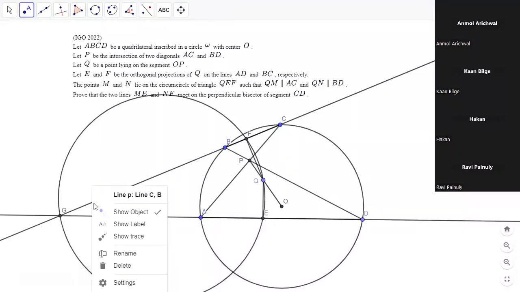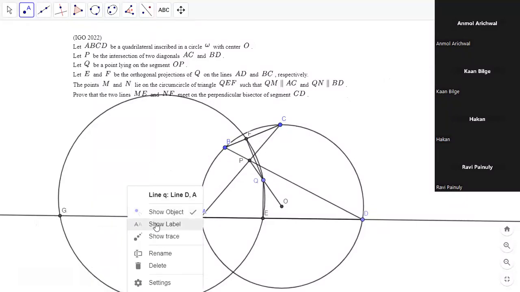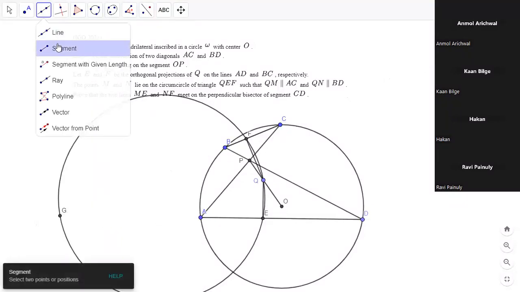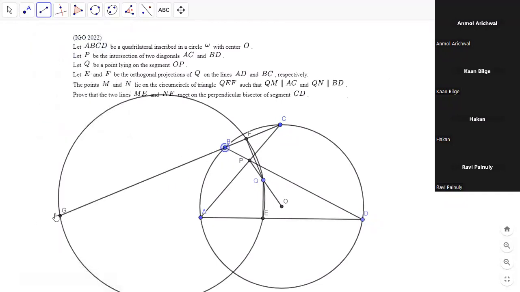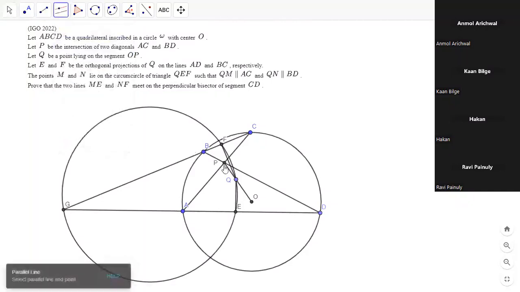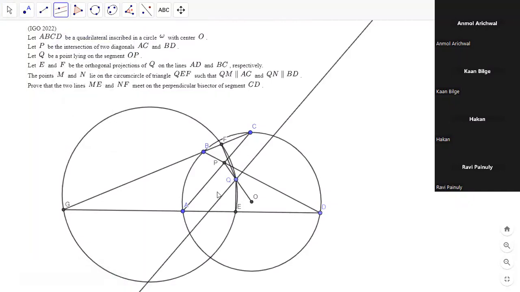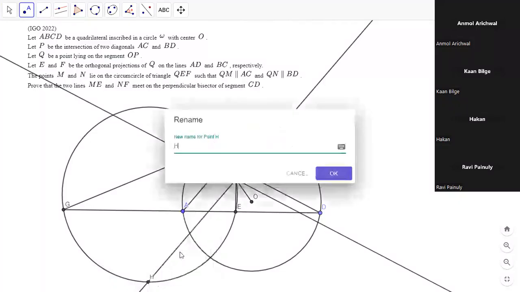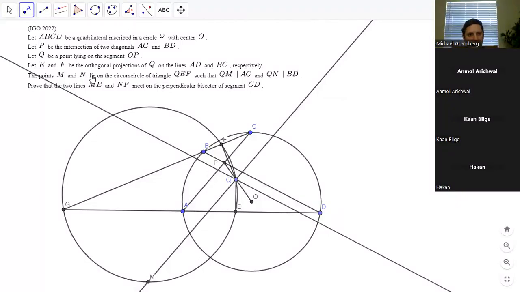All right. So QM is parallel to AC. And QN is parallel to BD. So we have this and this. This looks interesting. This is M. And this is N.